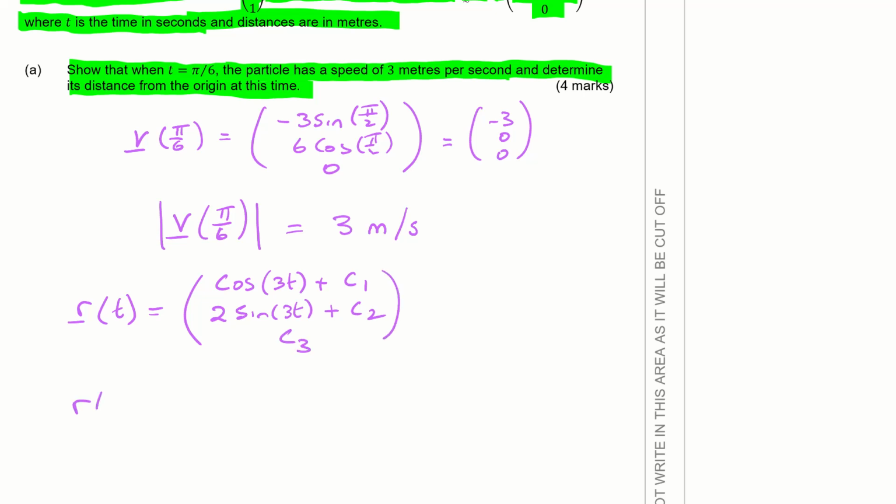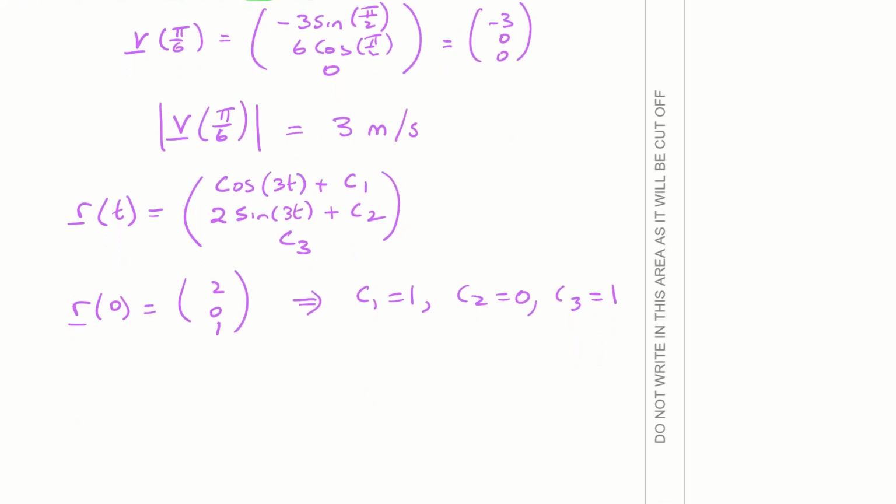And we know that r(0) is equal to (2, 0, 1). So that tells us C1 is equal to 1, C2 equals 0, C3 equals 1. So r(t) is going to be (cos 3t + 1, 2 sin 3t, 1).